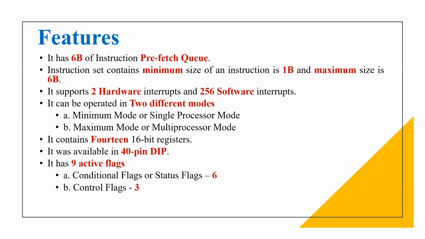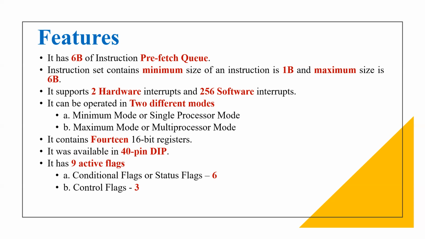And one more important thing is the instruction set of 8086 contains variable length instructions, because 8086 comes under CISC processors. The feature of this processor, complex instruction set computer, is that the instruction set contains more instructions.